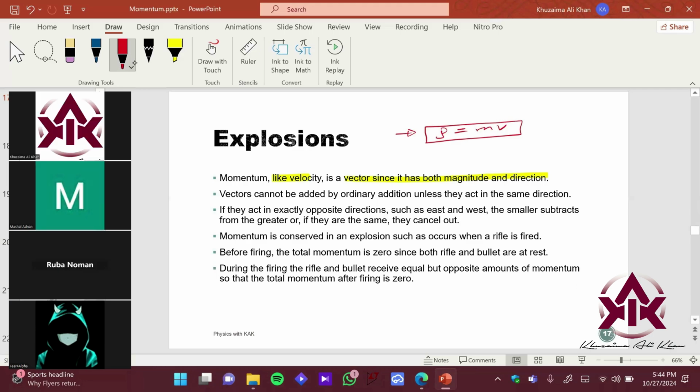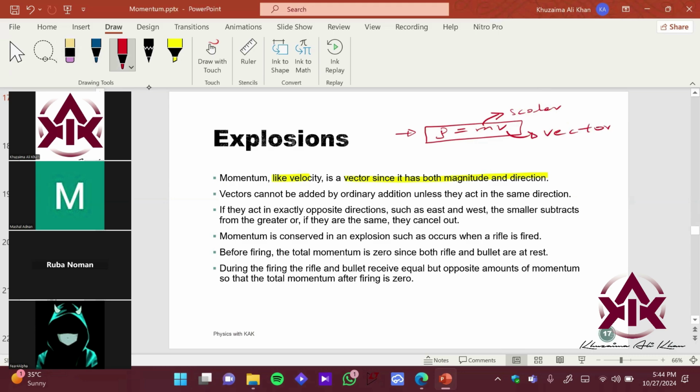So momentum is basically mass times velocity, right? Since we came to the conclusion that in a formula, you have mass, which is scalar, and then you have v, which is velocity, and it is a vector quantity.